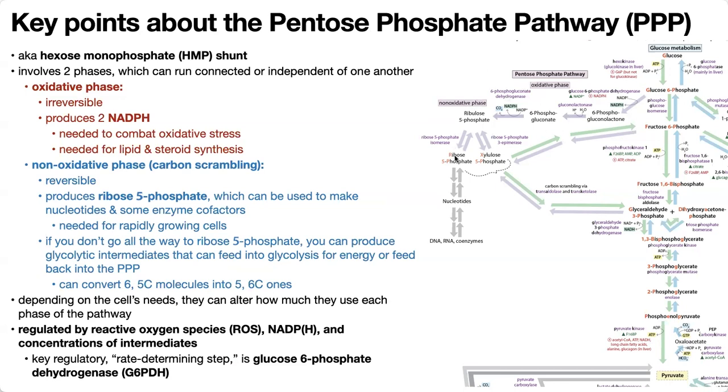Or we could take those carbons and convert the ribulose 5-phosphate we get from the oxidative phase into ribose 5-phosphate, which we can then use to make nucleotides and DNA and stuff like this.